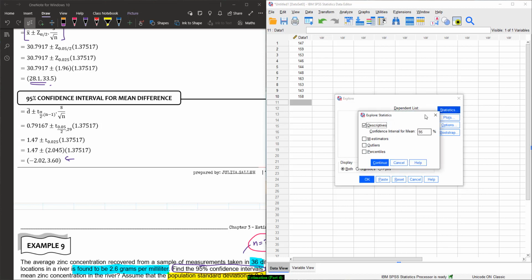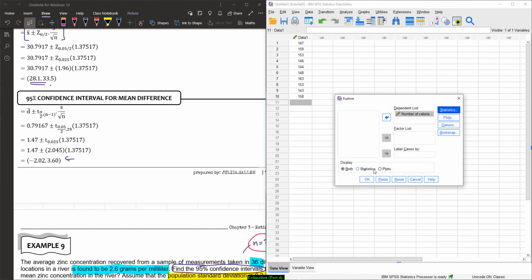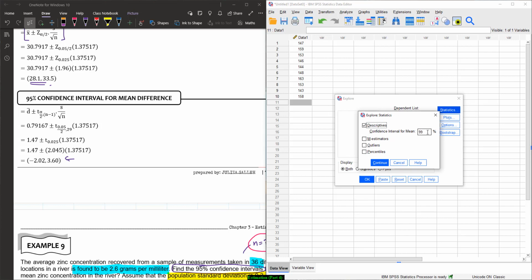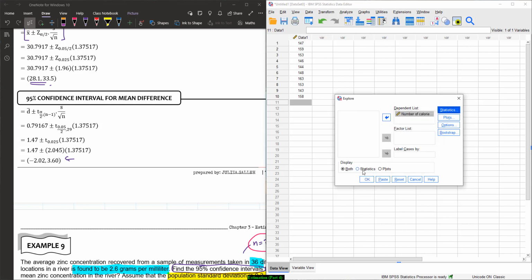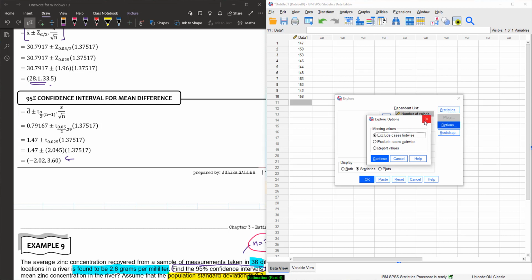Then in statistics, instead of 95%, we change it to 99% and click continue, and display only statistics. Options, nothing to change, and click OK.